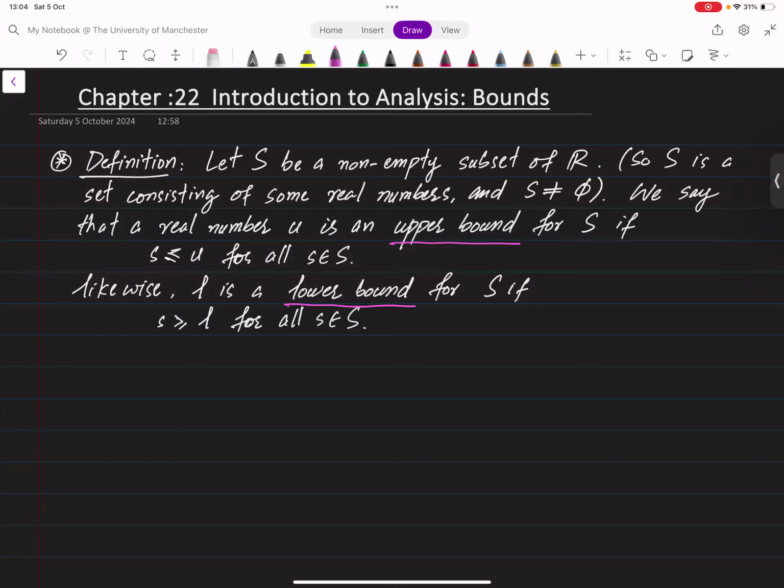Perfect. Now we want to do this by giving an example. So let's give an example.